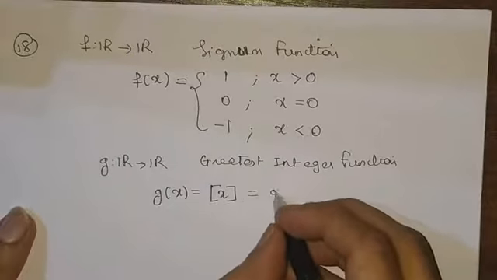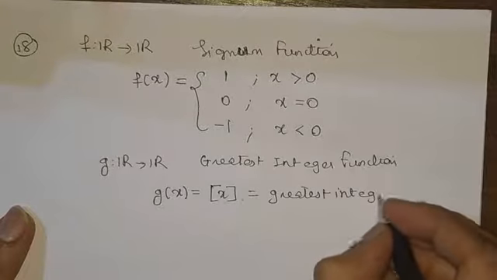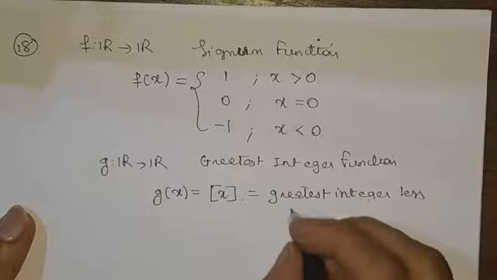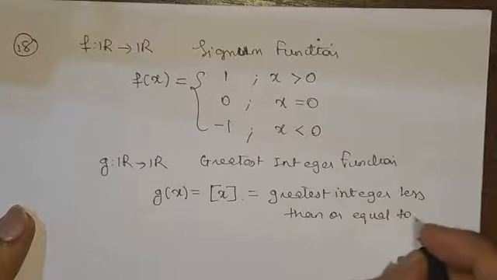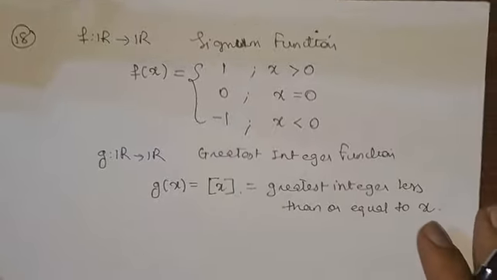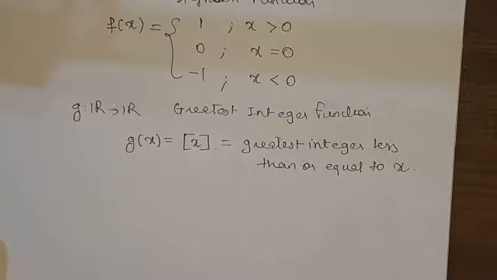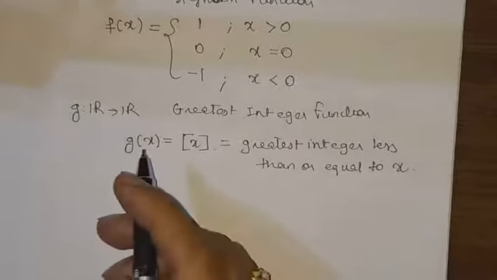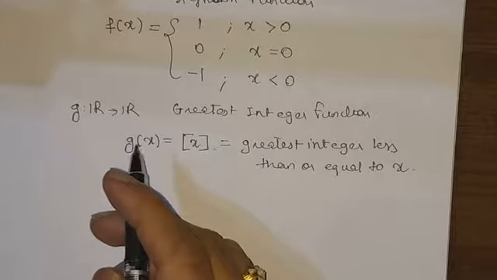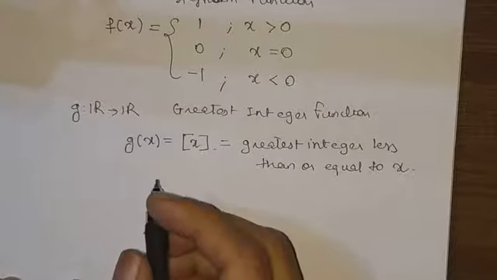That means the greatest integer less than or equal to x, right? So let us see how to solve this. What we have to calculate is f composite g and g composite f.